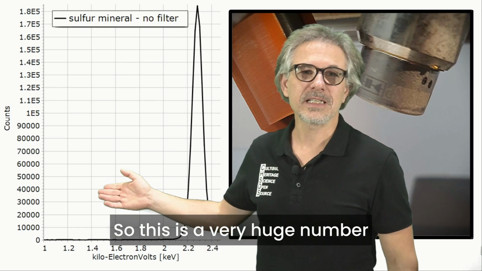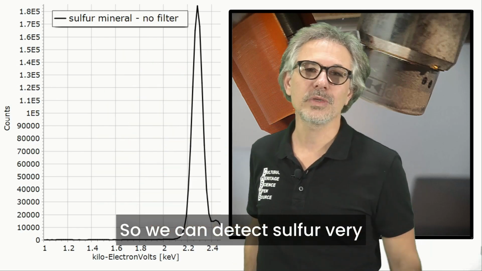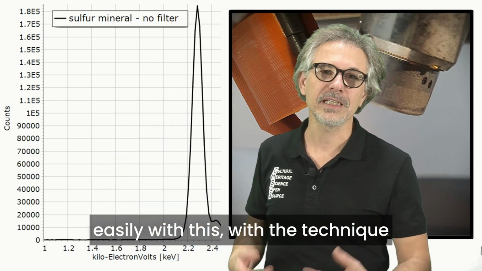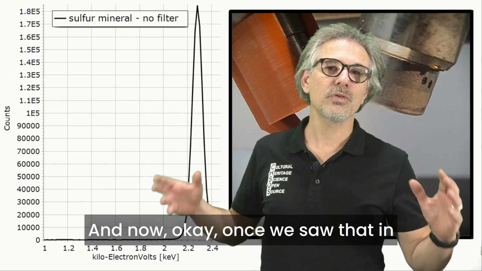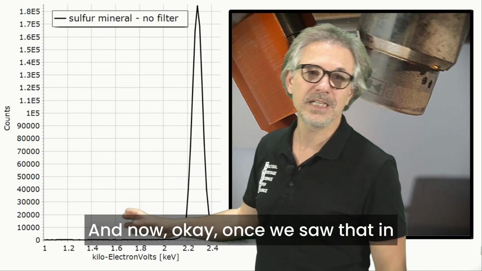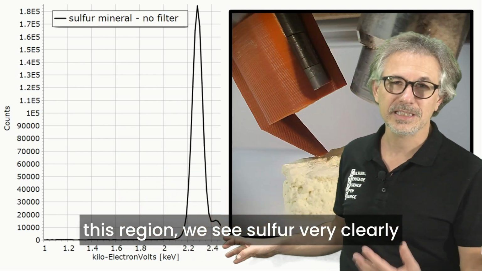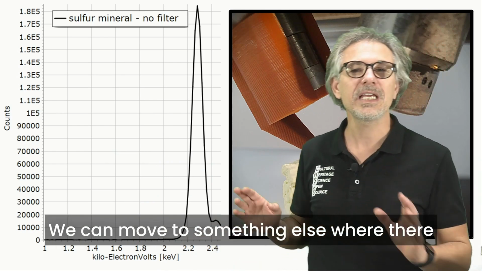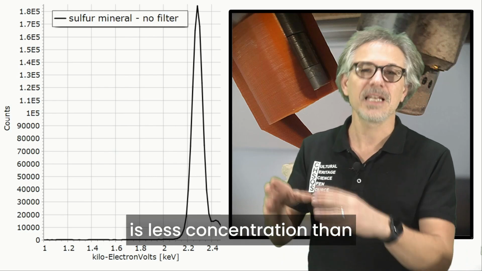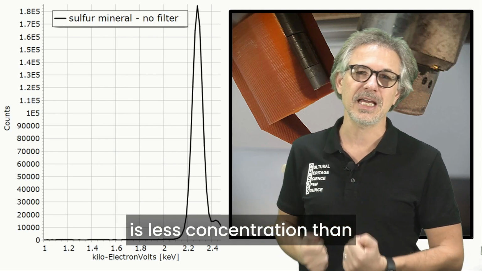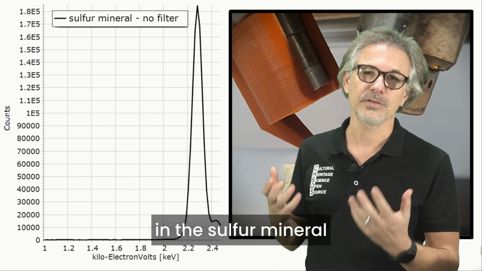This is a very huge number, so we can detect sulfur very easily with this technique. Once we saw that in this region we see sulfur very clearly, we can move to something else where there is less concentration than in the sulfur mineral.